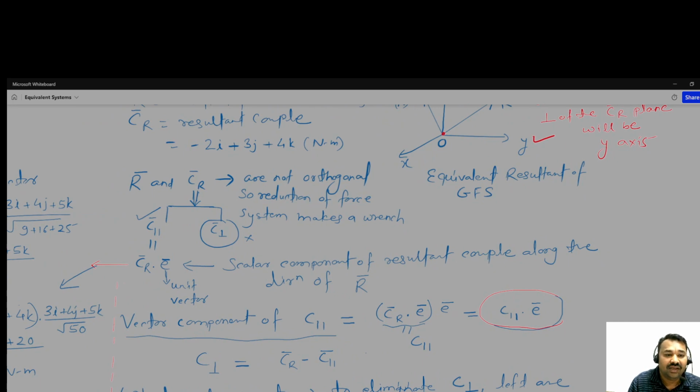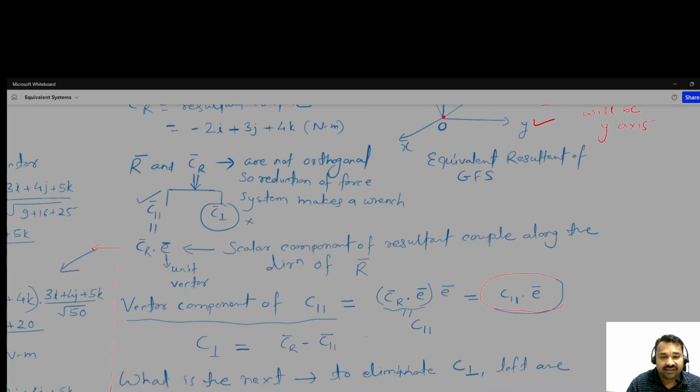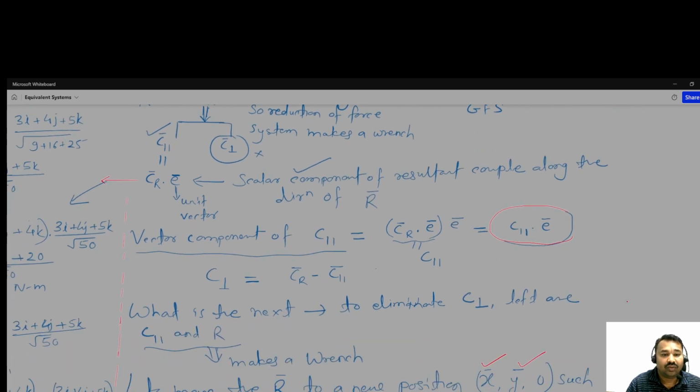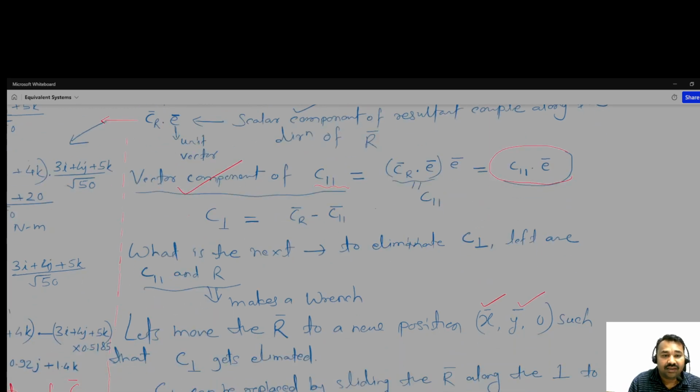So that is C parallel, which is parallel to the resultant force, and C perpendicular, which is perpendicular to the resultant force. Okay, then how to get the scalar component of this parallel couple, then next how to get the vector component of the parallel component of the couple. Okay, then how to get the perpendicular component of the resultant couple.